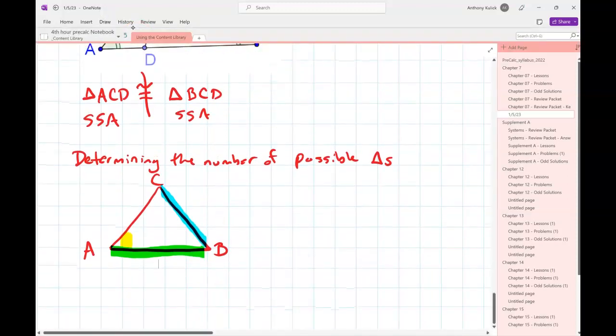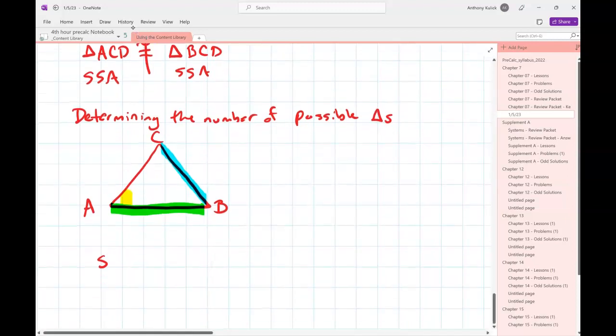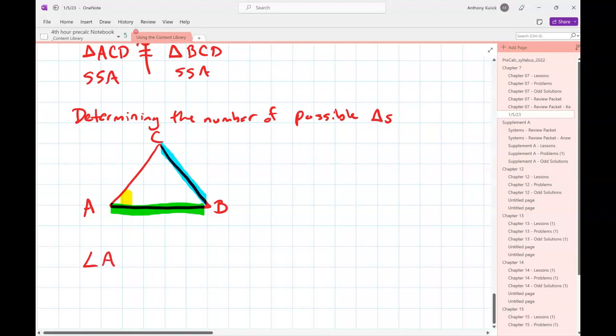There's two different big cases that are described by the size of angle A: if angle A is acute, or when angle A is not acute.